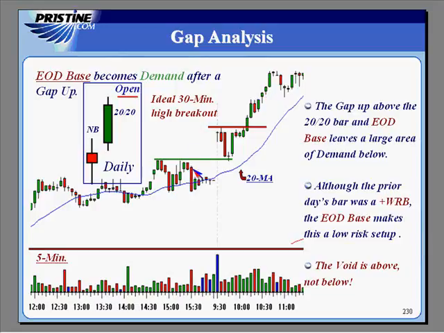Gap and go would be like a gap up from a base like this, and taking it above the first 5-minute bar's high.